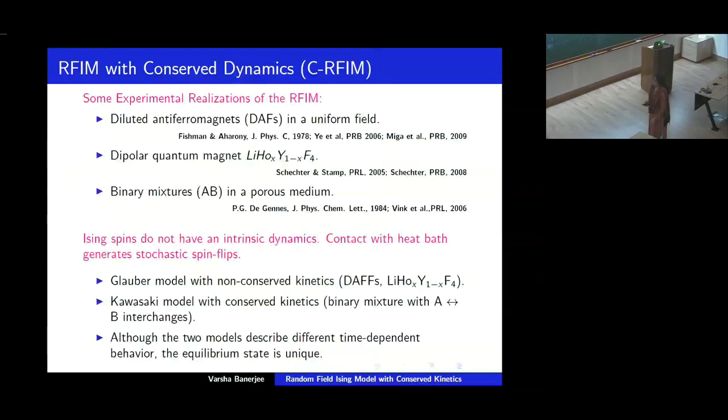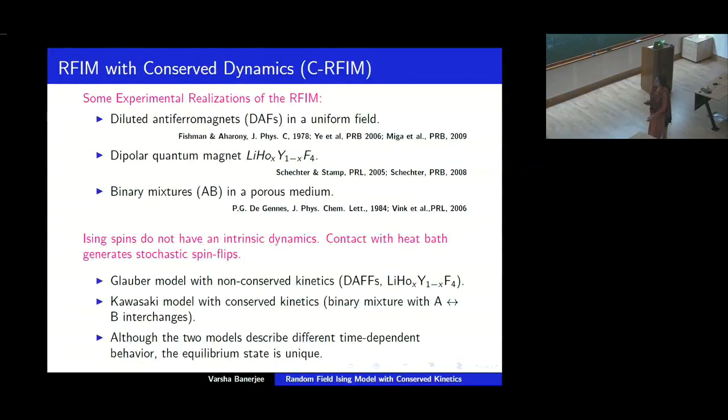Now, since these spins do not have an intrinsic dynamics, one has to put them in contact with a heat bath to generate the stochastic spin flips. That's what gives you the Glauber model with non-conserved kinetics. So the DAFs and systems like lithium holmium yttrium fluoride are mimicked by the Glauber model with non-conserved kinetics.